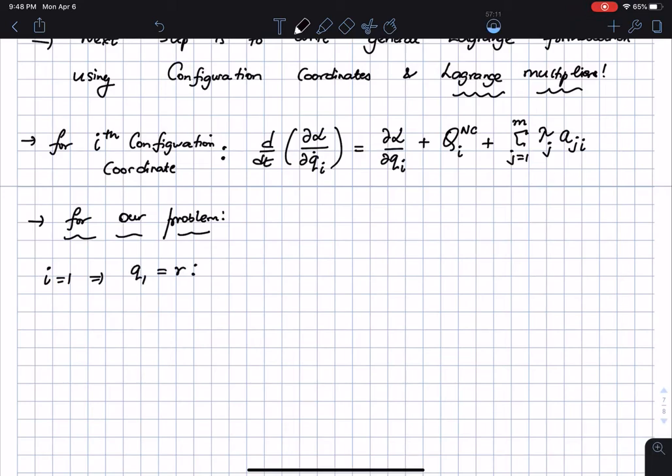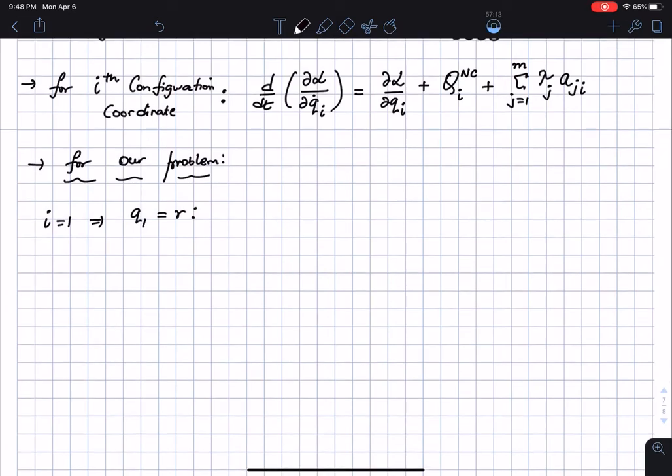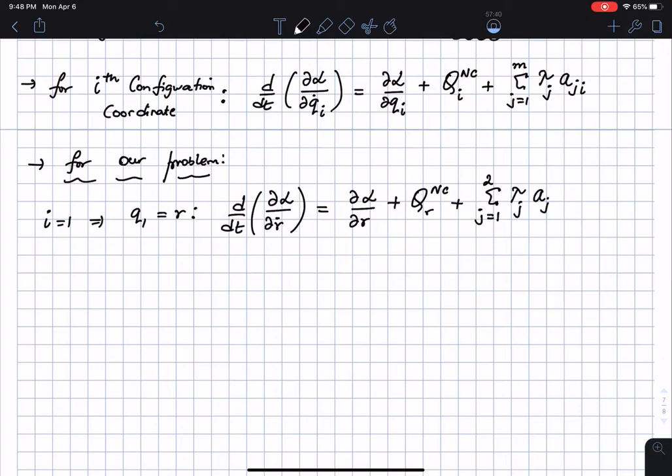This is the configuration coordinate, and our equation is going to be the following. d by dt of dL by dr dot is dL by dr plus Q_r non-conservative plus summation j equals 1 to 2, because we have two constraint equations, lambda_j a_jr.